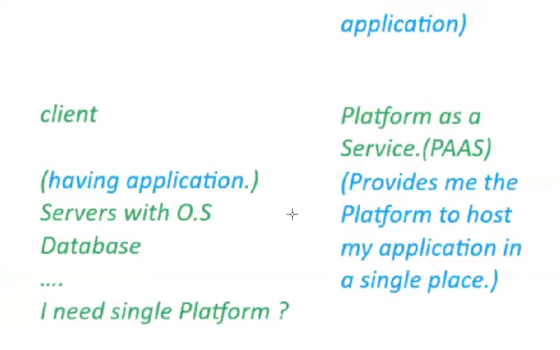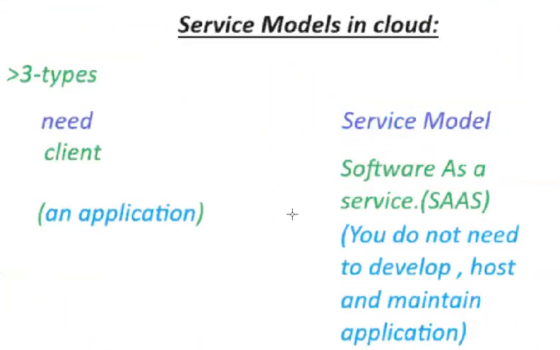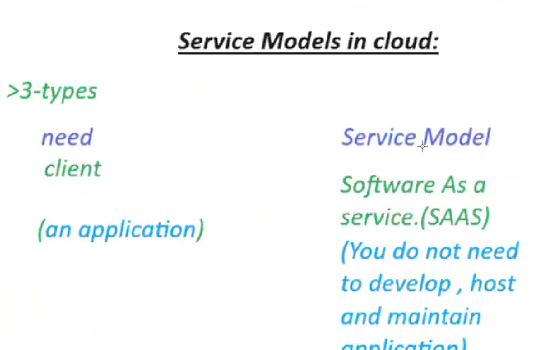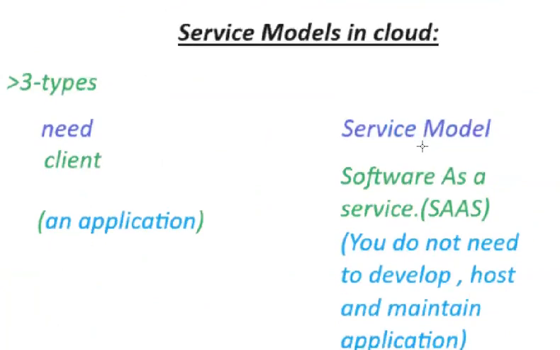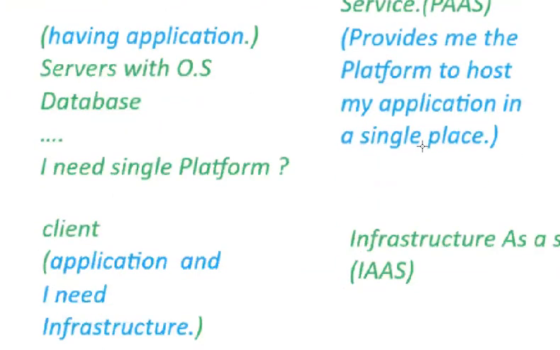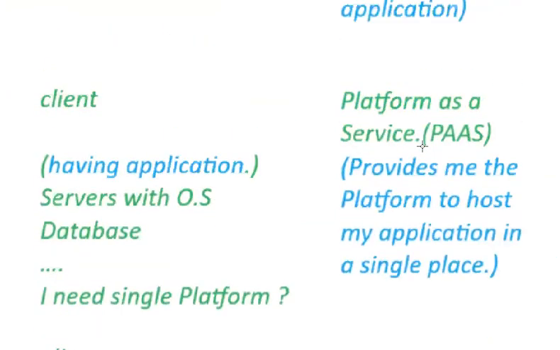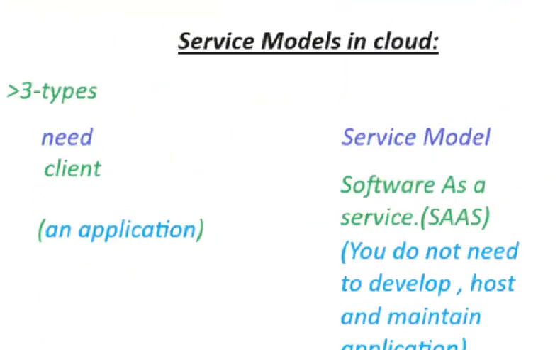I hope you got a good idea of the service models available in cloud. So this is all about the different types of service models available in cloud. So I hope you understood this video.